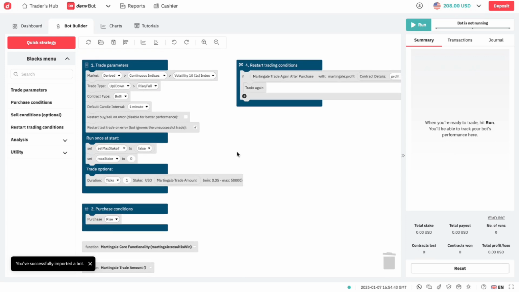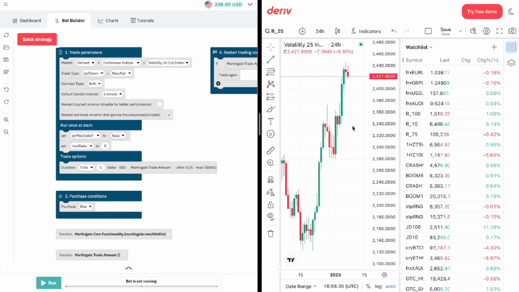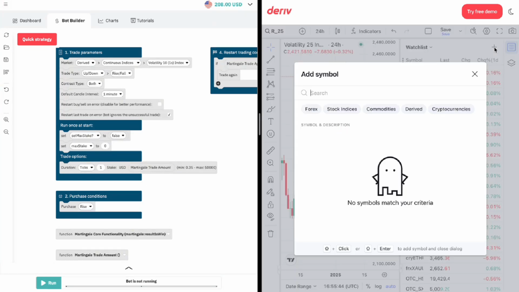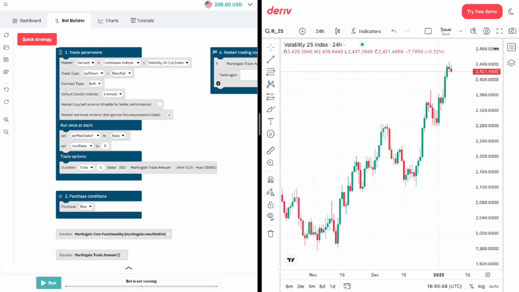Before we start trading, let me show you where we will go for analysis. Our bot is on the left hand side, the one that we just created. And on the right hand side, this is where we're going to do our analysis. This is just TradingView. Let me just remove the watch list.